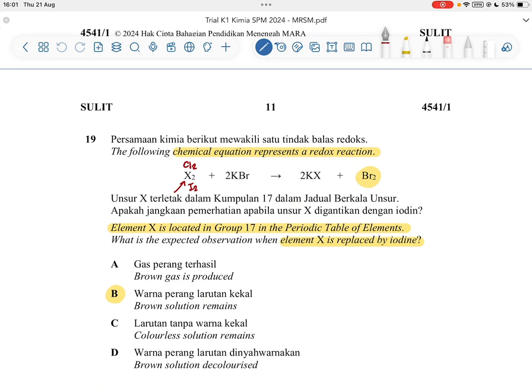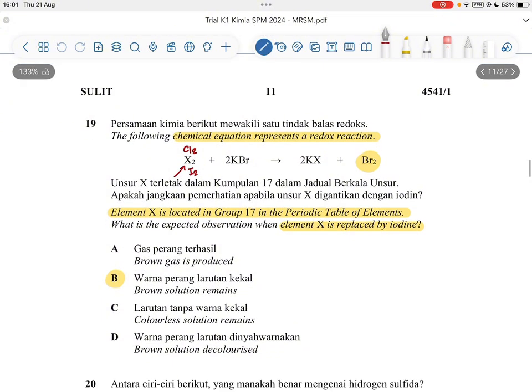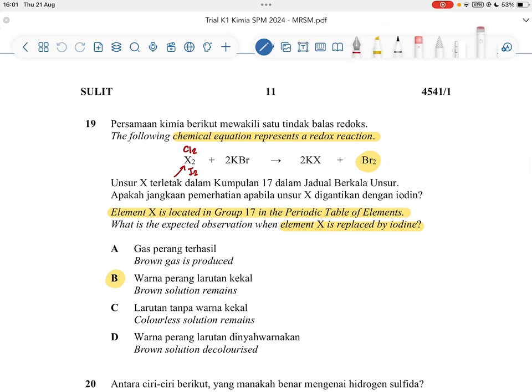So let's continue with question 19. This is a chemical equation that represents redox reactions. Element X is located in group 17 in the periodic table of elements. What is the expected observation when element X is replaced by iodine? So from this equation we can know that X2 plus 2KBr will form 2KX plus Br2.